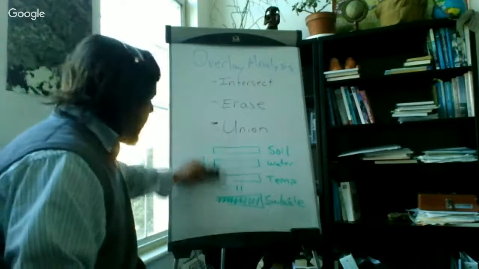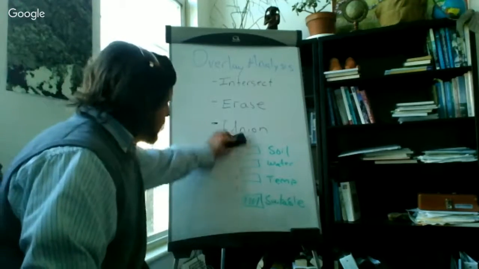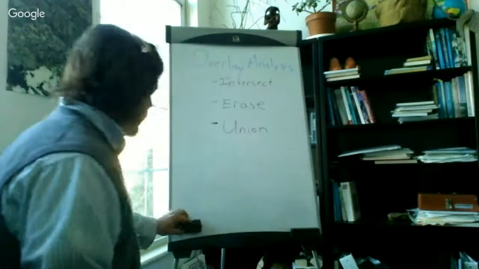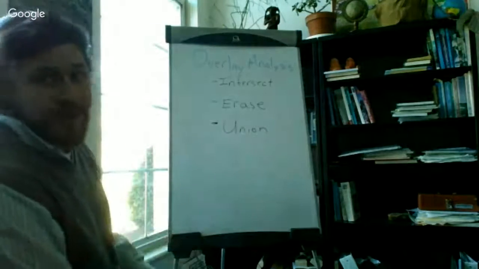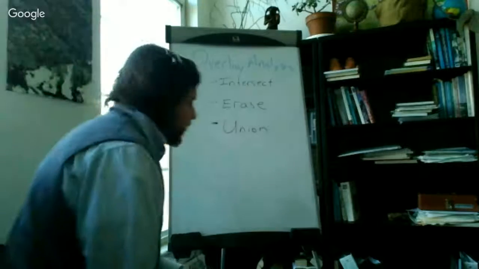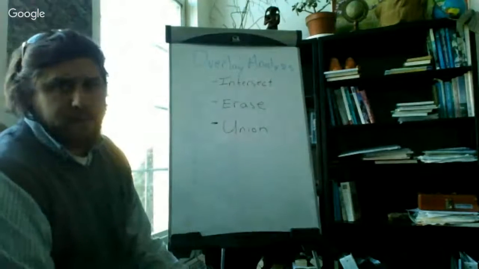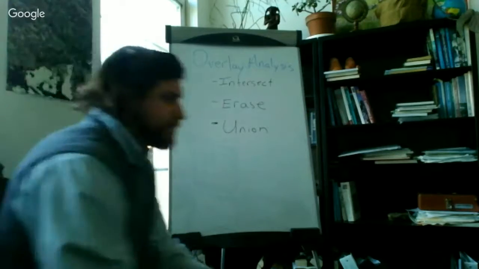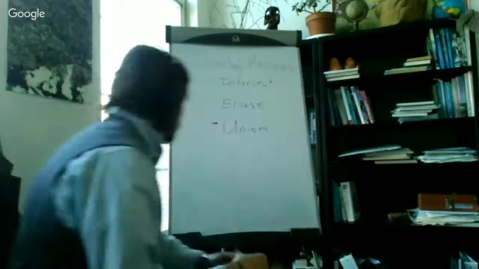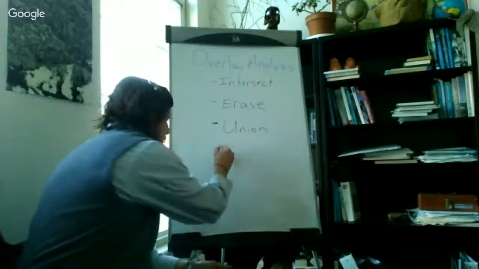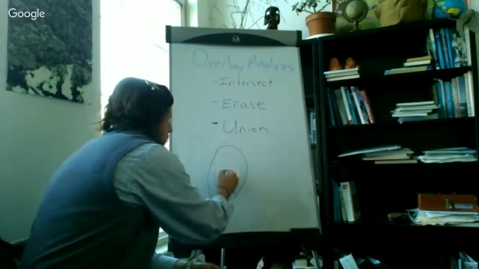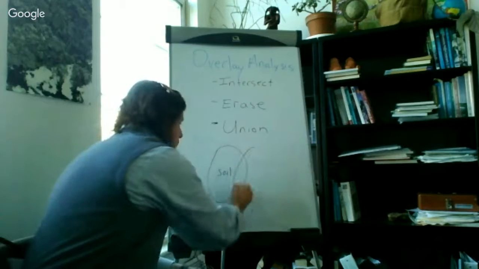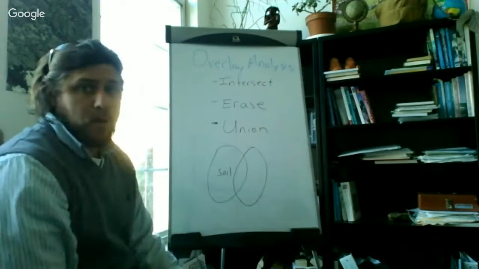The way this happens using these tools is a little bit different. The first operation we want to talk about is intersections, and we can go back to Venn diagrams to see what happens with an intersection. We have one layer that might be soil, and another layer that might be water.